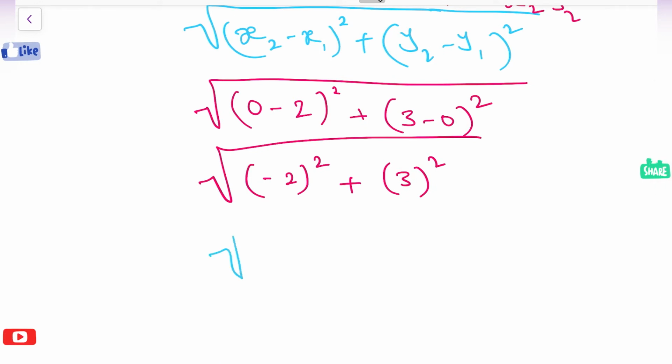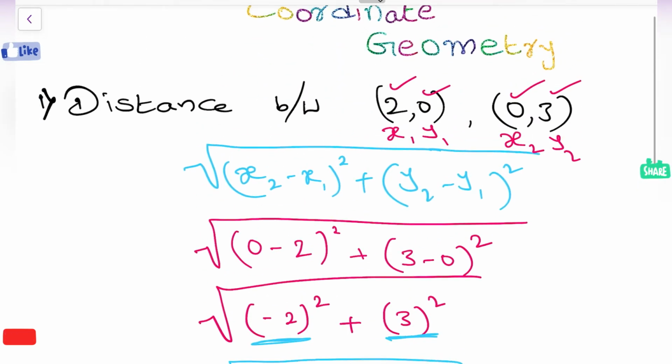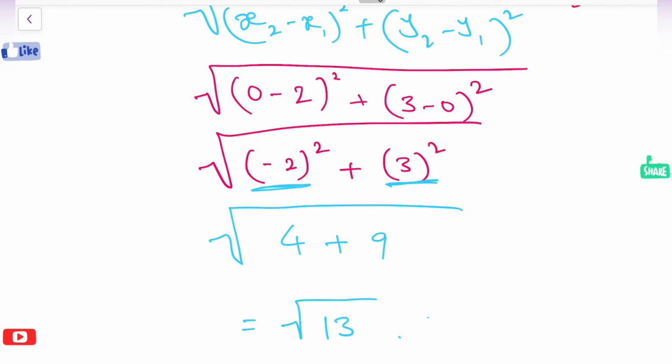Under root minus 2 whole square 4 plus 3 square 9, which is equals to under root 4 plus 9, 13. The distance between the points 2, 0 and 0, 3 is root 13 units.